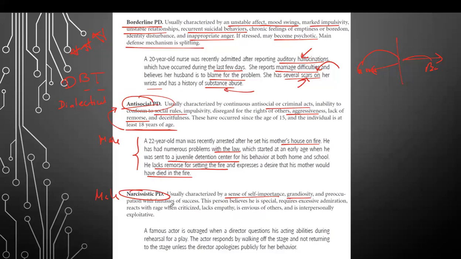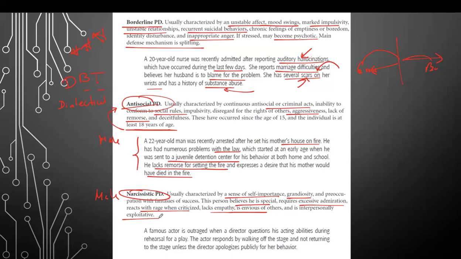They have grandiosity. They believe that they are very special and they require excessive admiration. If you criticize them, they will react with anger outbursts. They lack empathy. They are envious or jealous of others, and they are exploitative and manipulative. They do everything just for their own gain.